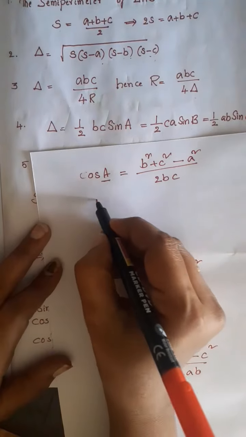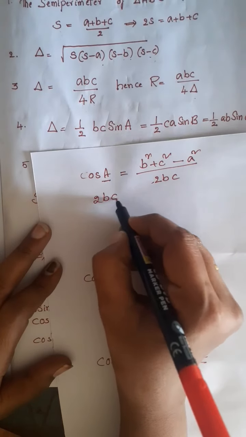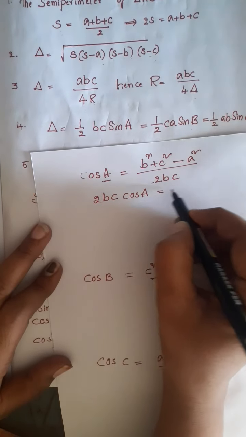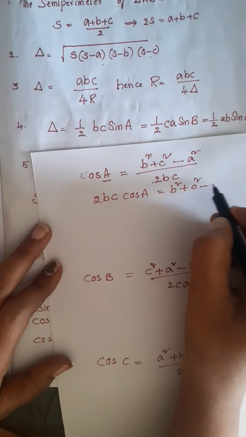From this I am sending this 2bc this side. 2bc cos A is equal to b square plus c square minus a square.